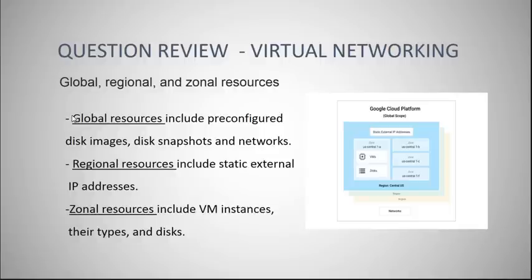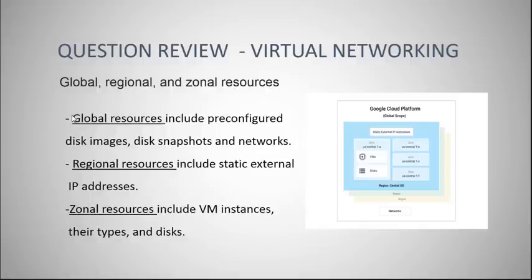For example, if you create a disk image, that disk image could be imported from Council Bluffs, Iowa, or from Ashburn, Virginia, or from Asia or Europe, Frankfurt, wherever you're trying to move it to or import the image. So that's considered global. Disk snapshots and networks are global as well. Remember, we spoke about that.